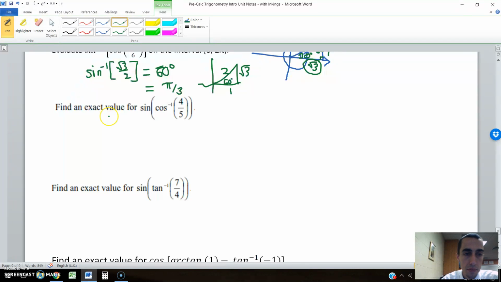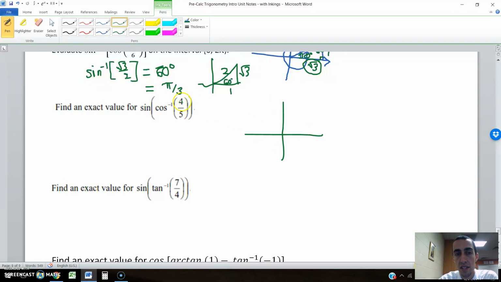Next one. Find an exact value for the sine of the cosine inverse of 4/5. When we do a cosine or any trig value inverse, the output will be an angle. So which angle has a cosine of 4/5?